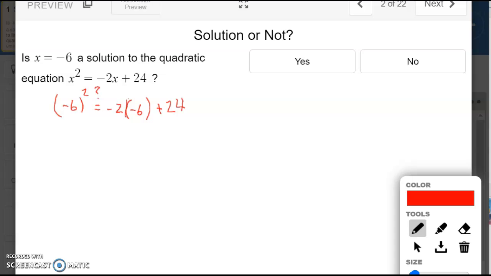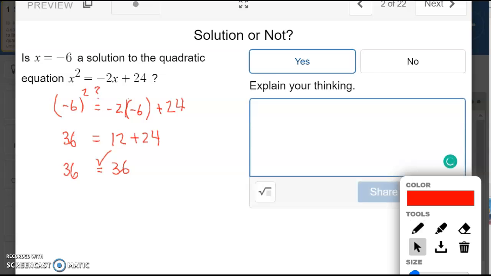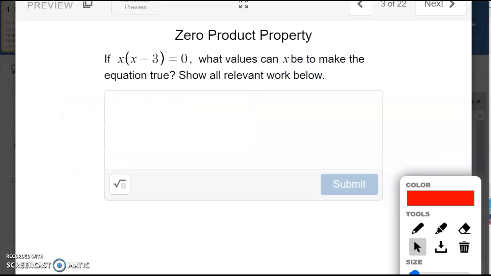The left-hand side simplifies to positive 36. Negative 2 times negative 6 is positive 12, plus 24, and the right-hand side also simplifies to 36. And 36 is equal to 36. Yes, that is true. So x = negative 6 is a solution, and explain your thinking.